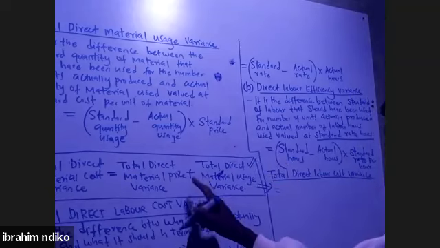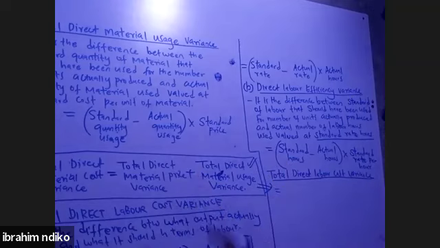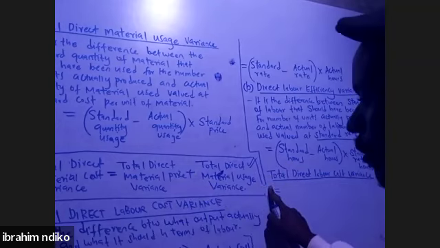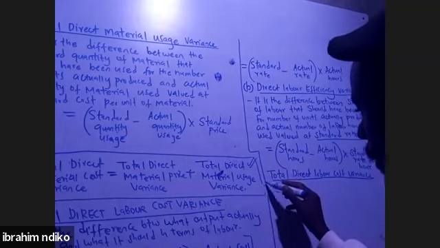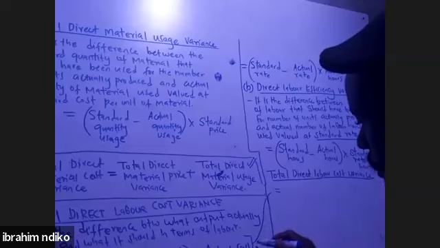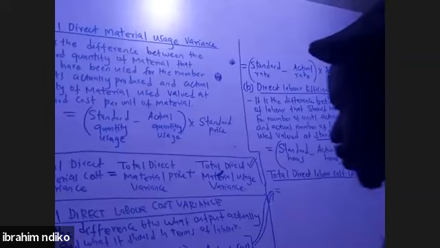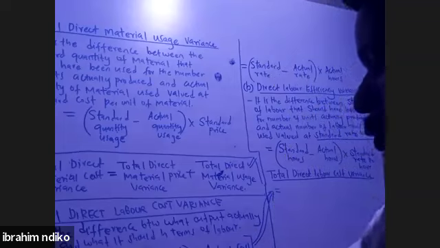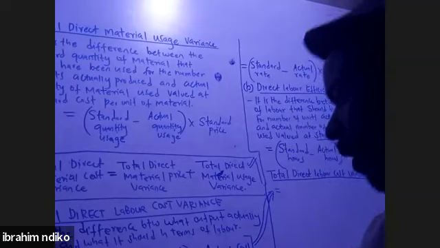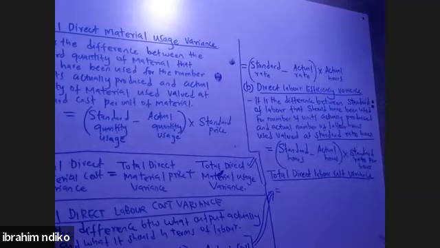So if you don't want to use this one, sio hii, tukupeana yake au ndio hapa. So kama unataka kutumia this formula, you can use this one now yenye napeana. So standard labor cost per unit multiplied with the actual units produced minus actual cost.